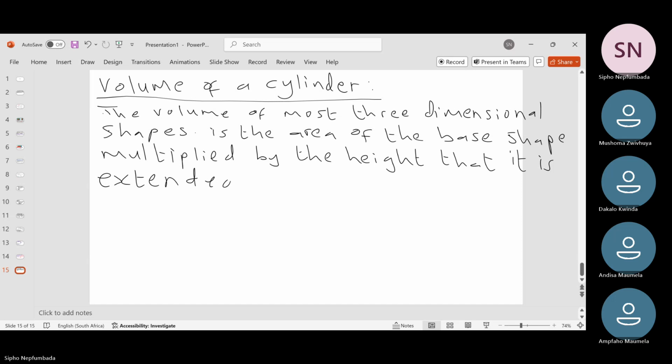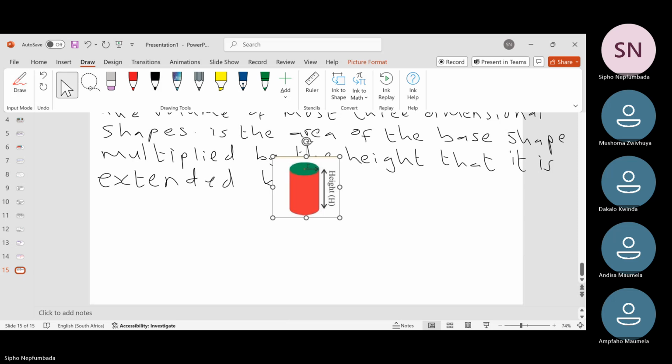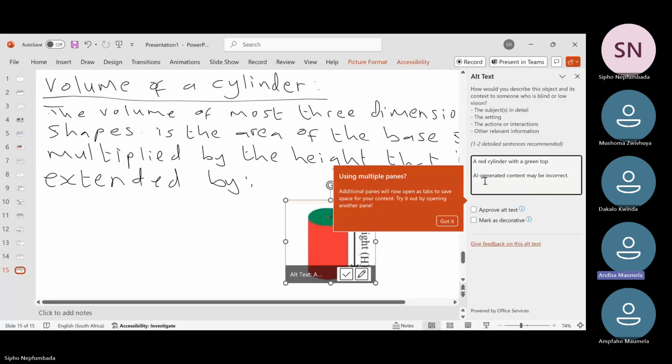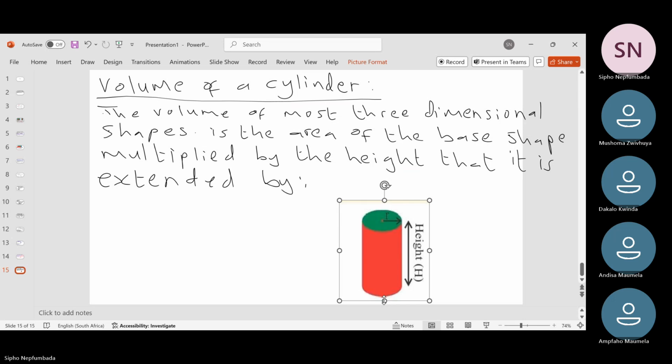Extended by... You can see, right? Yes. There we go.